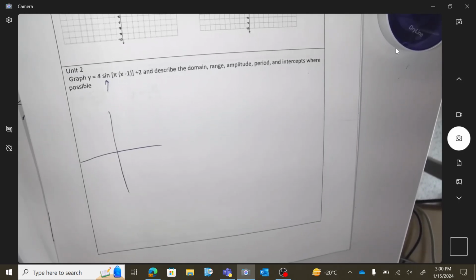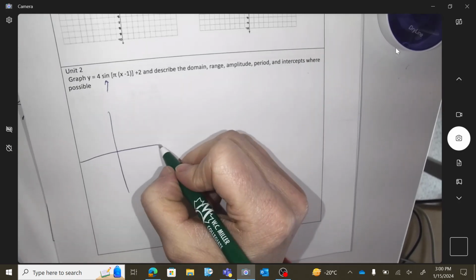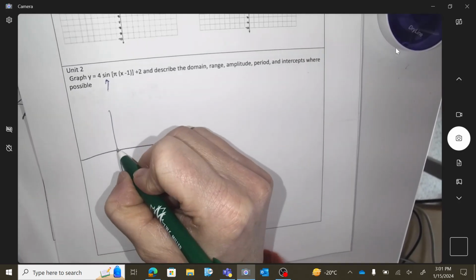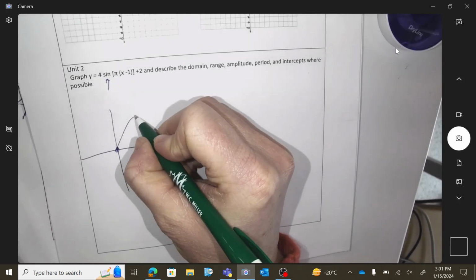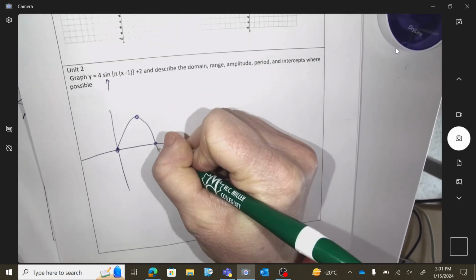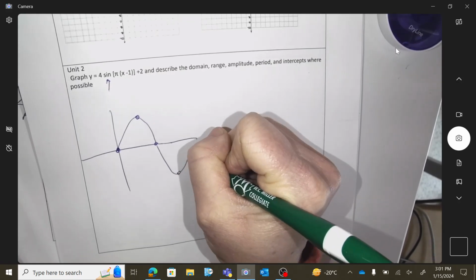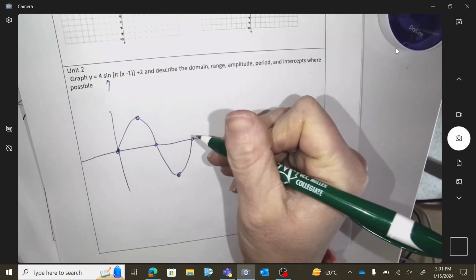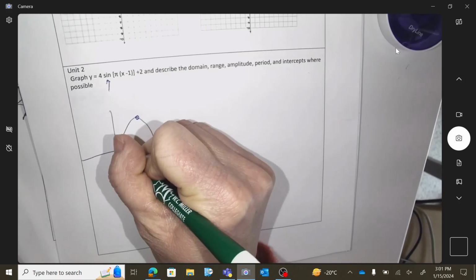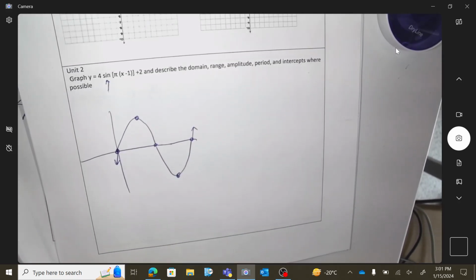There's a cosine, there's a sine. It starts in the middle. Cosine starts on the top. That's a sine curve.